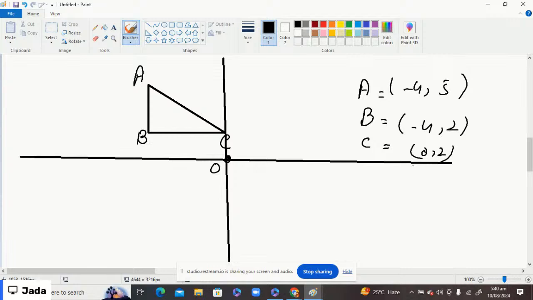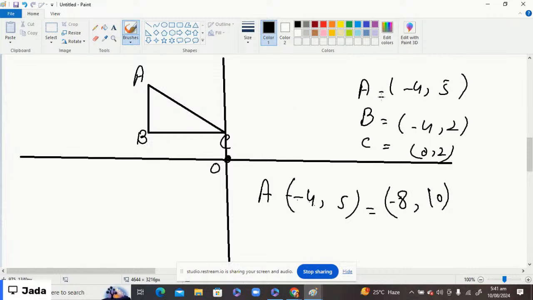So what does it mean? It means that after the dilation of 2, for example, this point A is -4 and 5. After the dilation, how can we change it? We multiply both numbers by 2: -4 times 2 is -8, 5 times 2 is 10.